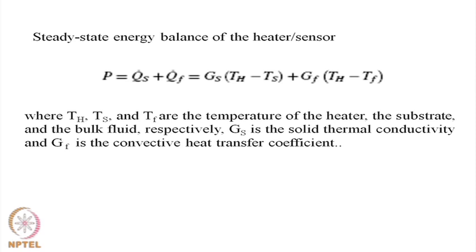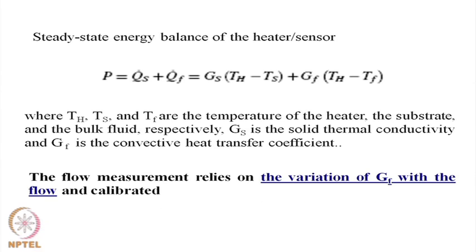Now, GS and GF are two coefficients, one refers to conduction and the other refers to the convective heat transfer coefficient. The flow measurement essentially relies on the variation of GF with the fluid flow and is calibrated. So, we know from our calibration that for this value of GF, what would be the corresponding velocity of the fluid.